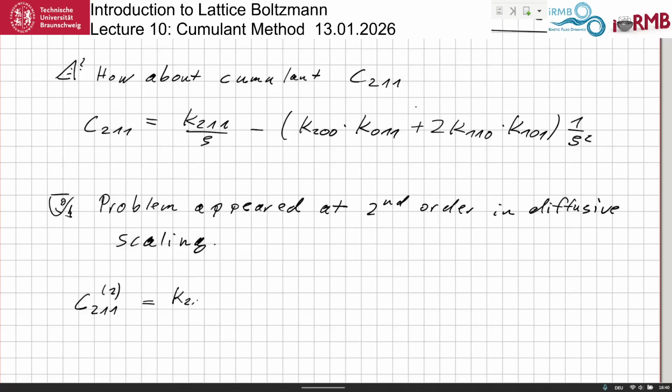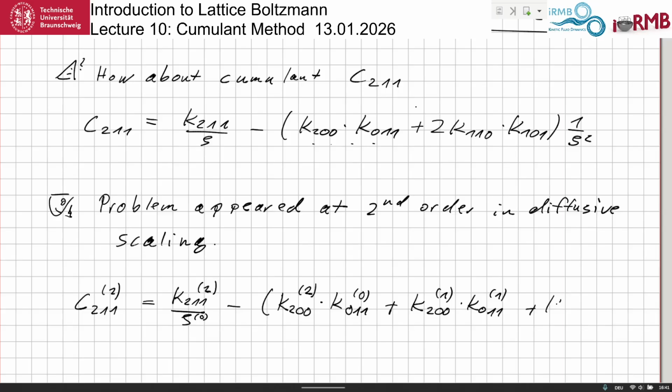K211 to second order divided by rho to zero order, so that together they are second order, minus, now we go through these terms. K200: if this is to second order, then the other one has to be to zero order, in order to have both together second order, because they are products. If this is to first order, then this is also to first order.